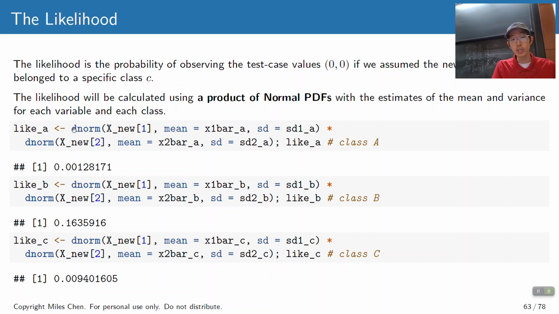So it's a product of two densities, and I get 0.00128. Same thing for class B, 0.16359, and for class C, I get 0.0094. These are the densities here. So we have a product of normal densities.